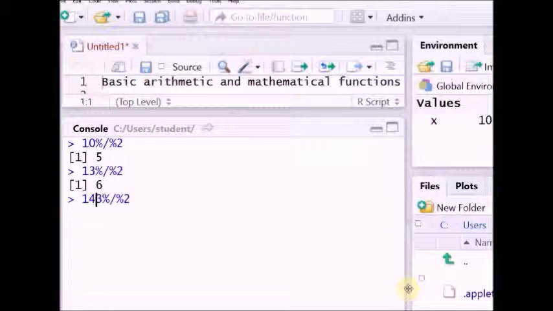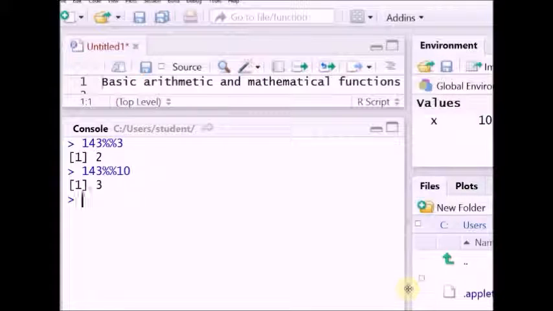Similarly, 145 %/% 3, the quotient is 48. Now for the modulo function, 143 %% 3 will return the remainder. So 143 %% 3, the remainder is 2. 143 %% 10, the remainder is 3, and so on.